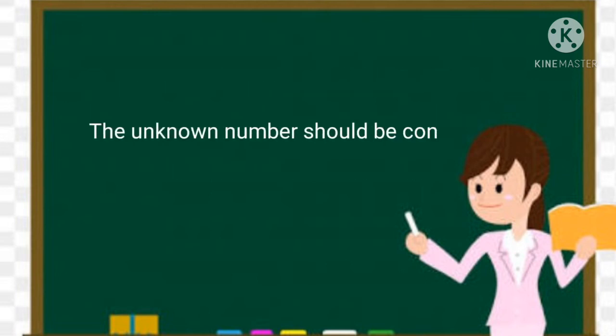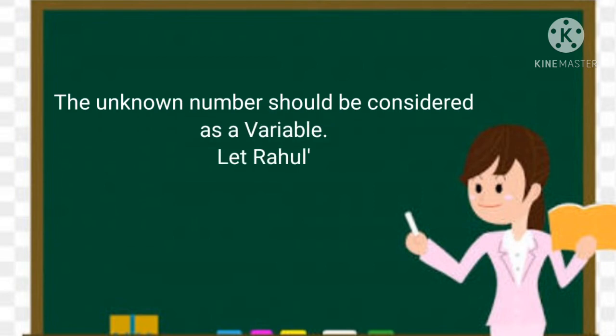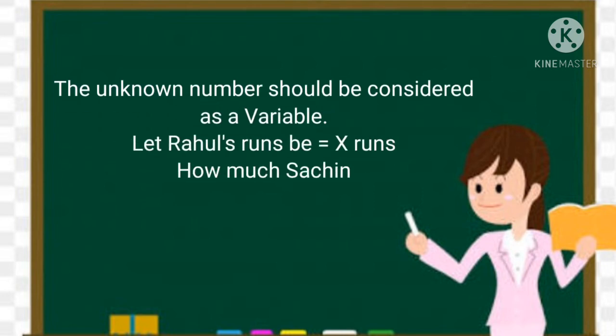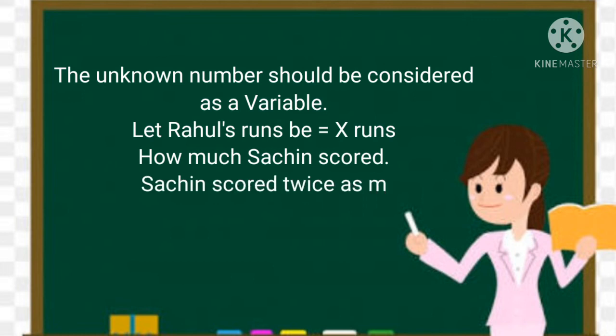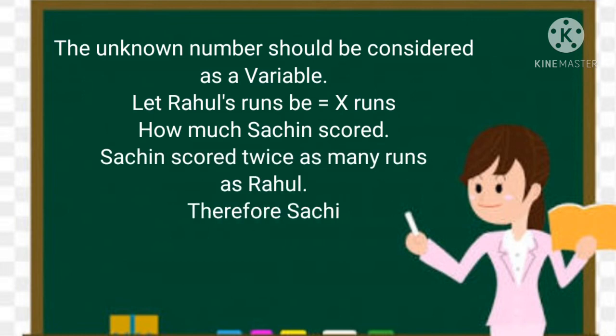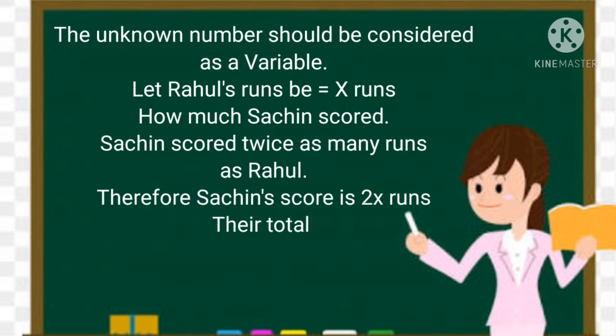First, the unknown number should be considered as a variable. Let Rahul's runs be x. How much did Sachin score? Sachin scored twice as many runs as Rahul. Therefore, Sachin's score is 2x runs.